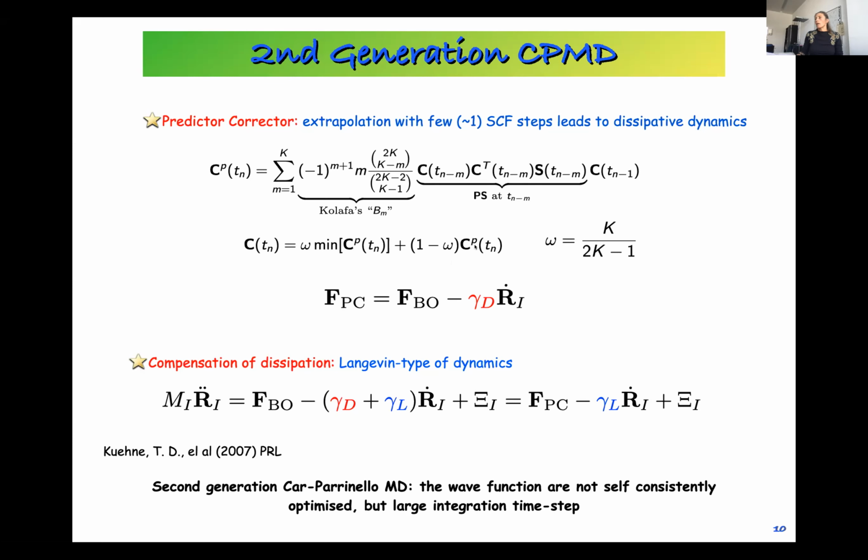Then you have one or a couple of correction steps based on an optimization of this self-consistent cycle. But this is interrupted quite early in order to speed up the calculation. This is important in particular for metals, because if you go down to the full optimization, then you have to wait many iterations before the metallic electronic structure is optimized.